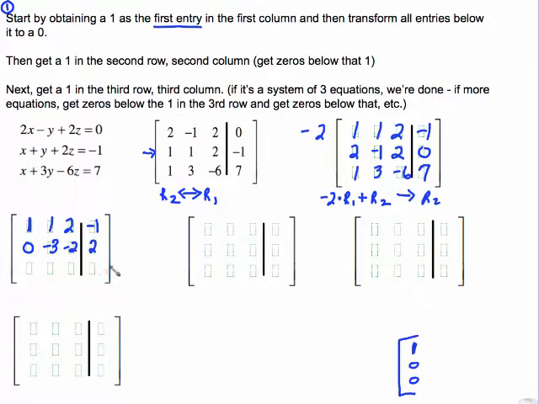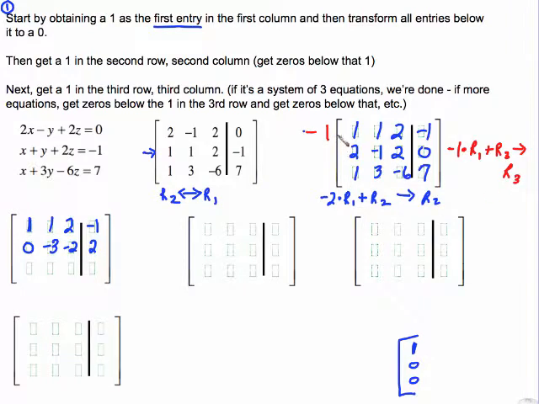I can do the same process and fill in this row by looking now at the fact that I need this 1 to go away and become a 0. And the way I can make that happen is going to be to multiply row 1 by -1. So this is going to be -1 times row 1 plus row 3 and put it in row 3.